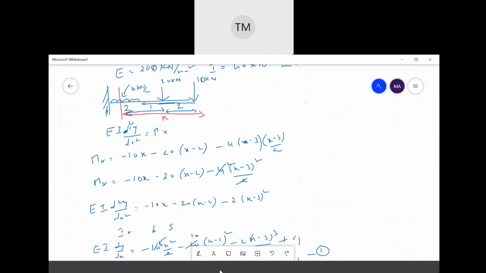Here the value of x is 0, at this point x is 2, at this point x is 3, and at this point x is 5. Here dy by dx is equal to 0 and y will be 0 at the fixed support. Is it clear?